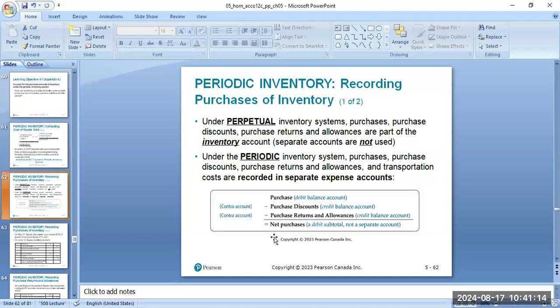Purchase discounts, we're going to keep in the purchase discounts account. Purchase return allowances, we're going to keep in the purchase return allowances account. Transportation cost, we're going to record in the freight-in account. And once we take purchases minus purchase discounts minus purchase returns, we're going to get the net purchases. Then we're going to add the freight-in, and we're going to get everything that we purchased during the period.